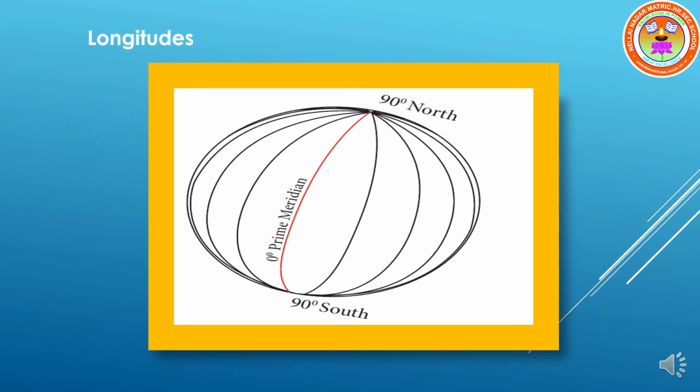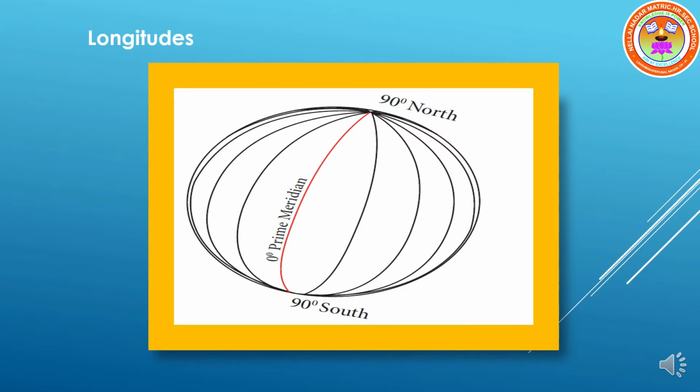Now, we are going to learn about longitudes. The imaginary lines drawn vertically connecting the North Pole and the South Pole are called lines of meridians or longitudes. These lines of longitude are seen as semicircles. Semicircles means half circles. Okay?